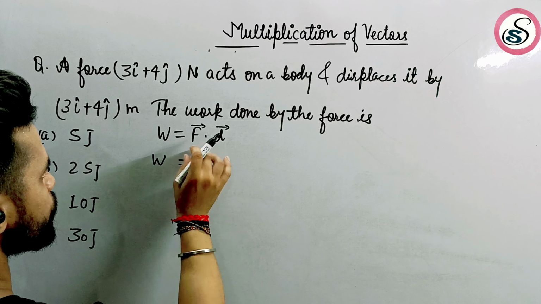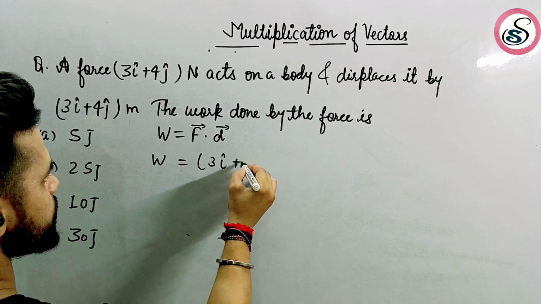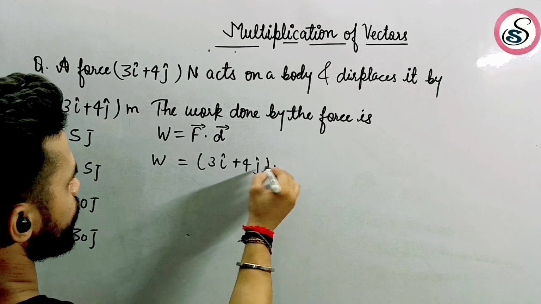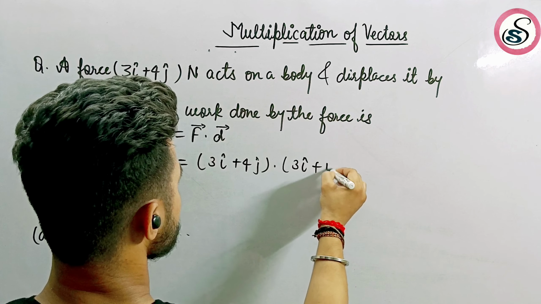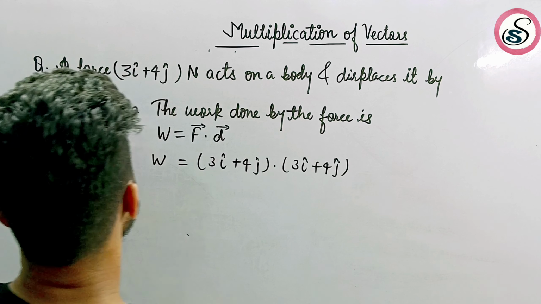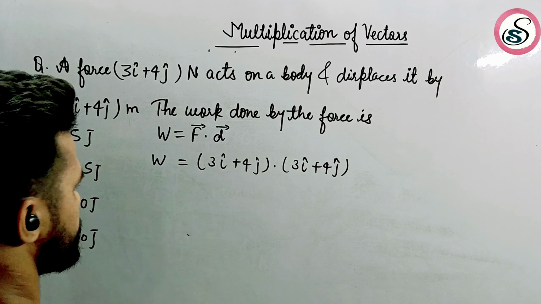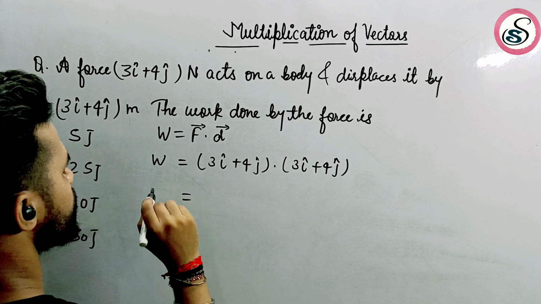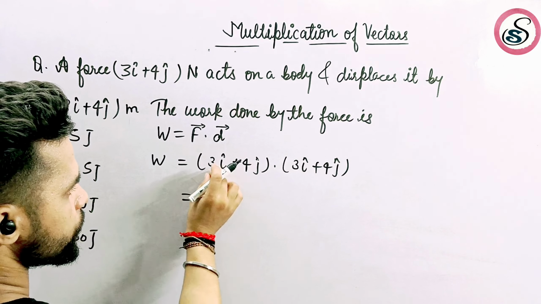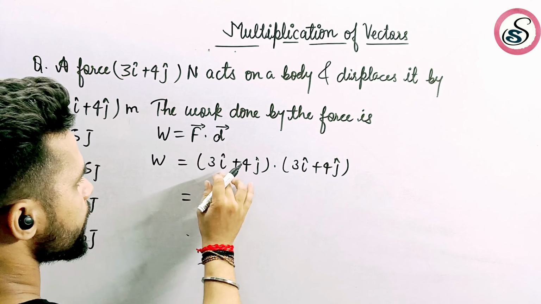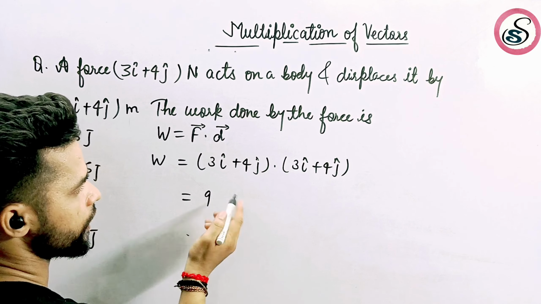Work done is equal to force, 3I cap plus 4j cap, dot displacement, 3I cap plus 4j cap. Both are the same here. 3I cap dot 3I cap: 3 threes are 9, and I dot I is 1, so 9.